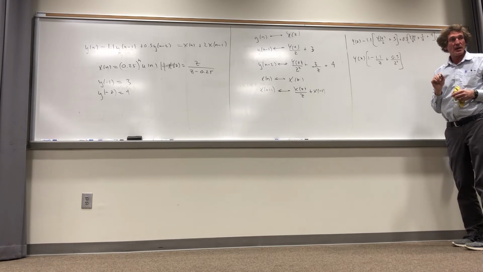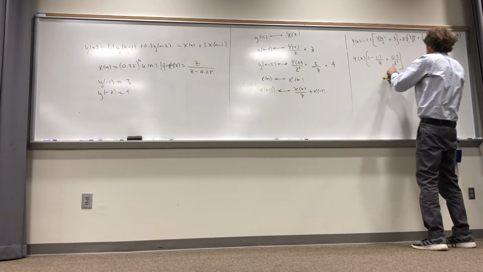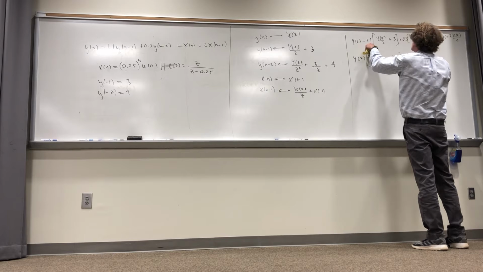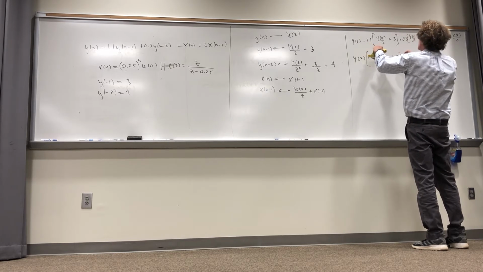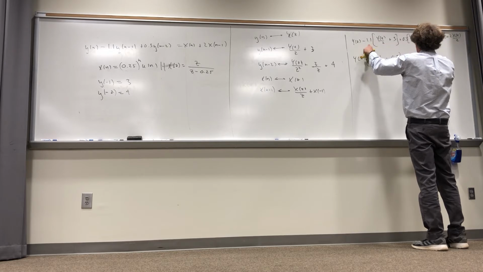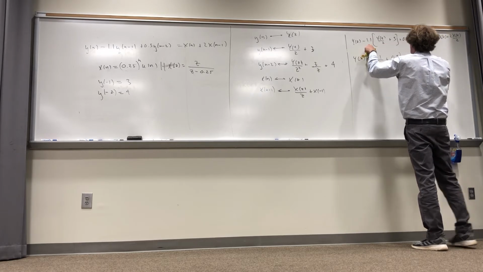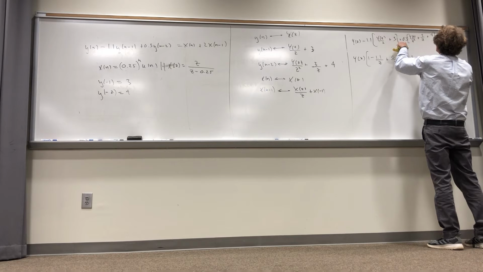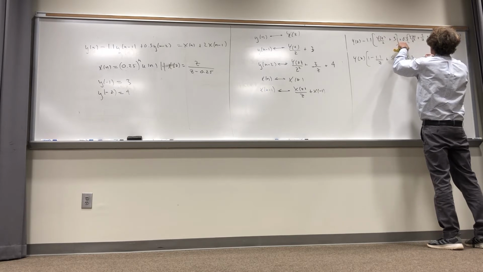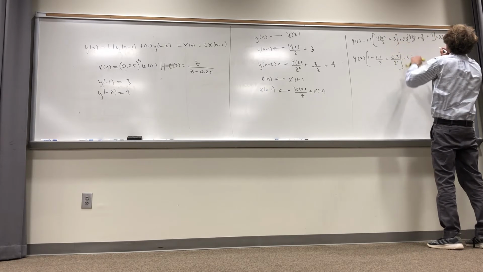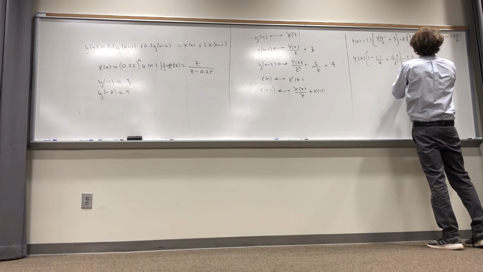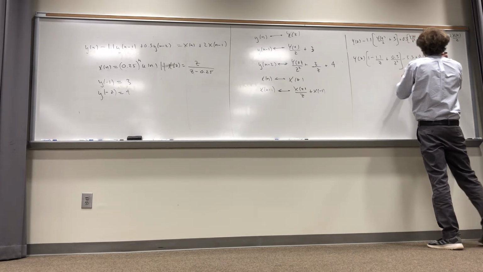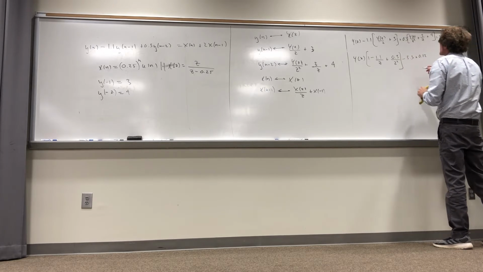Follow me? What's remaining? Now I have minus 1.1 times 3, so minus 3.3, and 0.3 times 4 is going to be 0.12, right? Now that's just a constant term there.